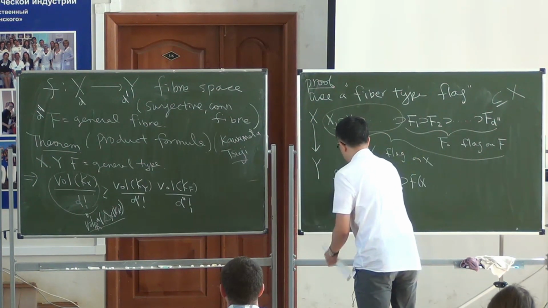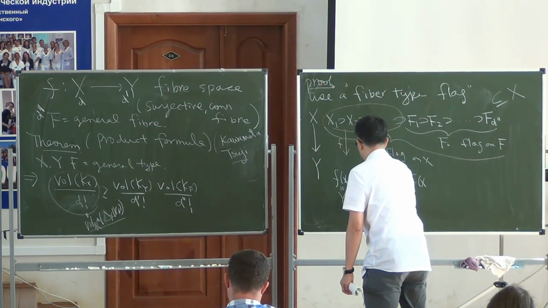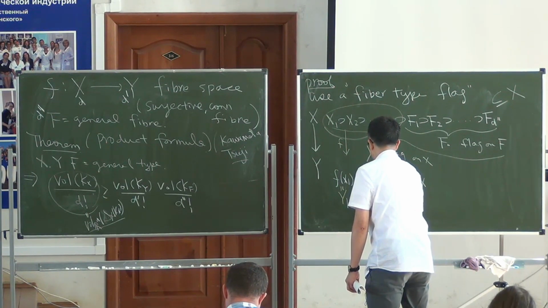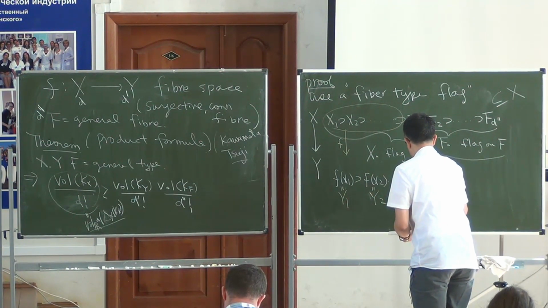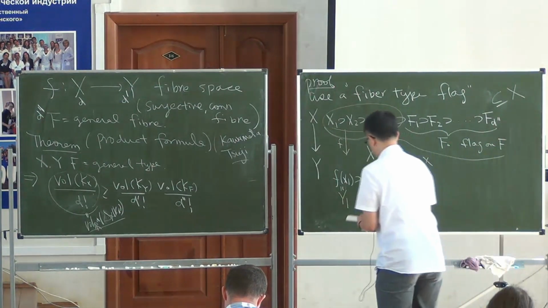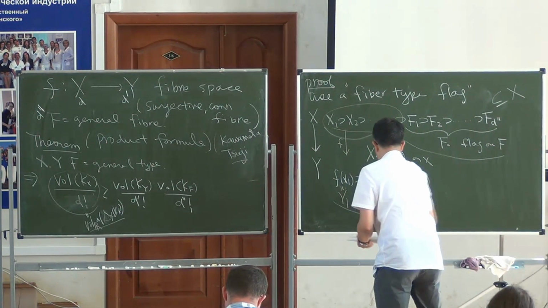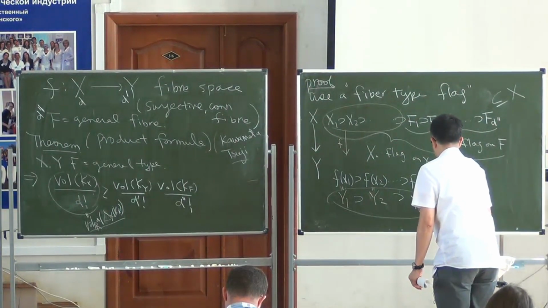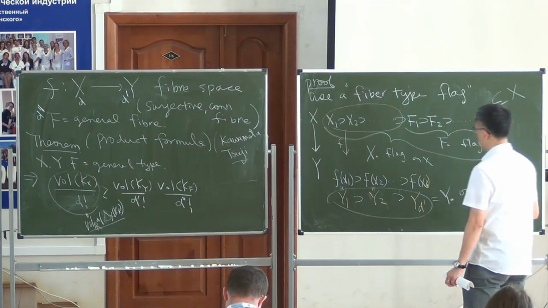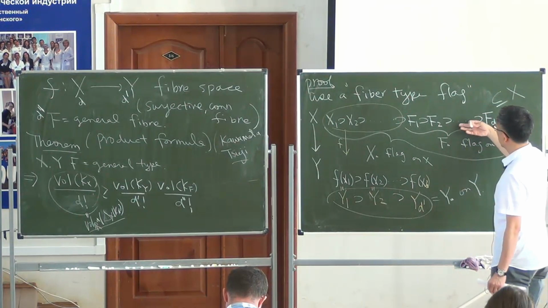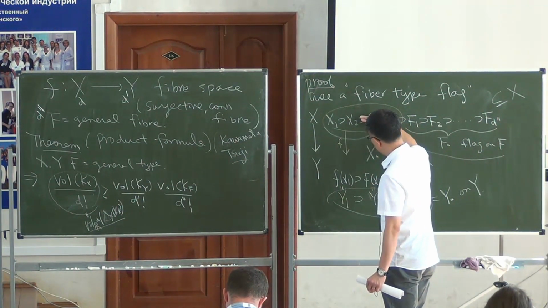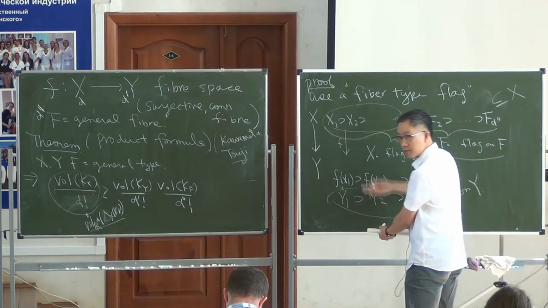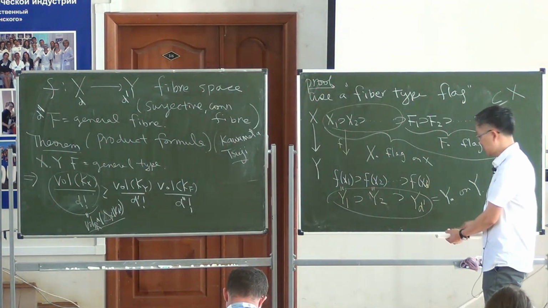We want these to be Y1, Y2, up to Y_D prime, a flag on Y. So if you fix a flag on F, you complete it to a flag on X, and this should satisfy these properties.